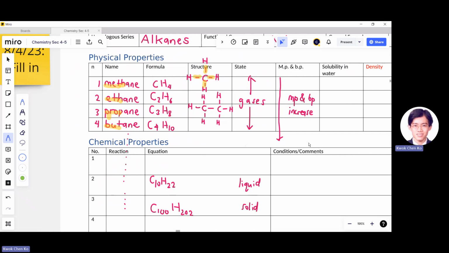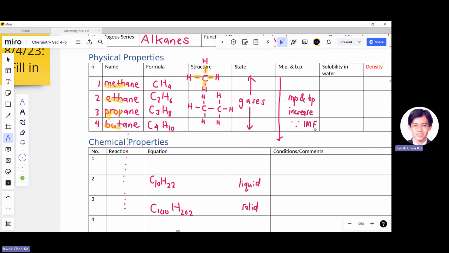Now, in case you want to ask why, remember what are the bonds among them? Yes, covalent. However, there's something else, right? What other bonds are there in between them? In between molecules? Yes, good.